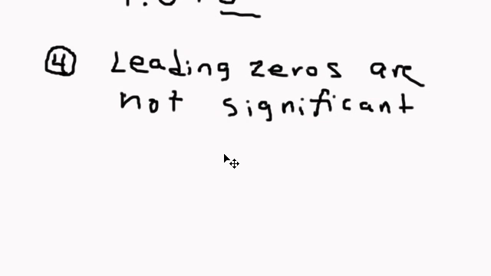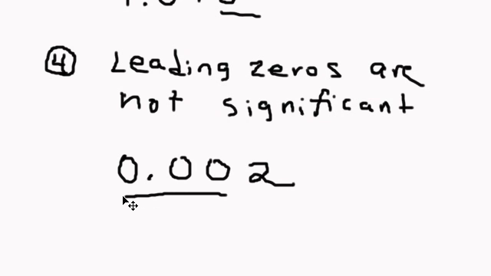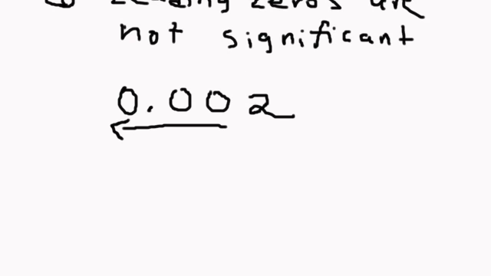Let's say I have the number 0.002. These zeros, the zeros on the left, are not significant. These leading zeros are not significant. That's what this rule means. So now you know the leading zeros and the trailing zeros, and we're going to do some examples now.